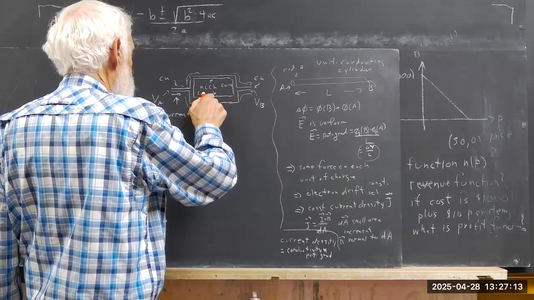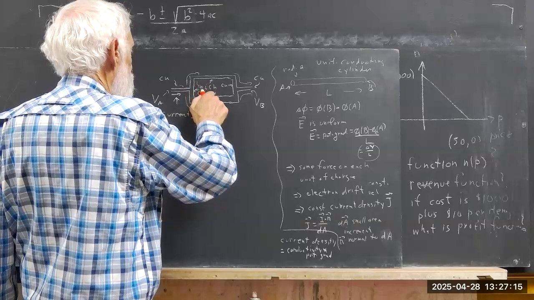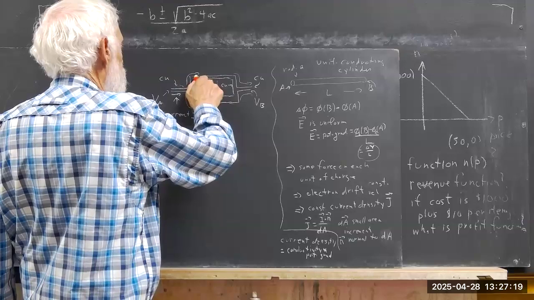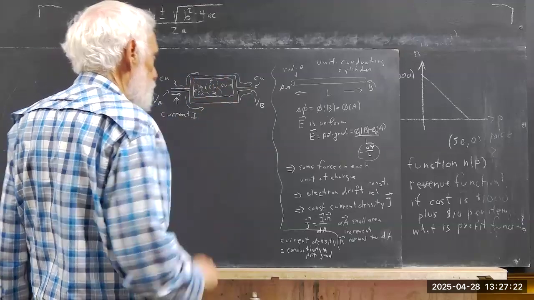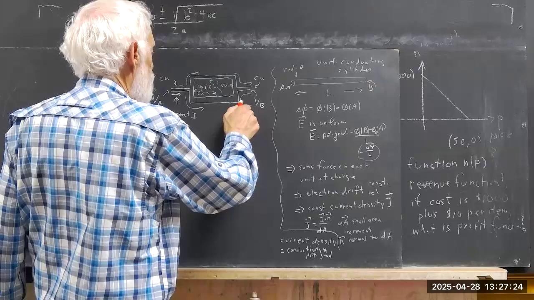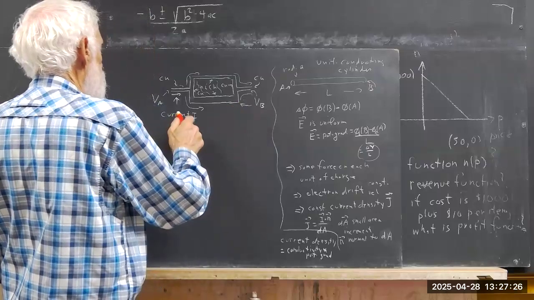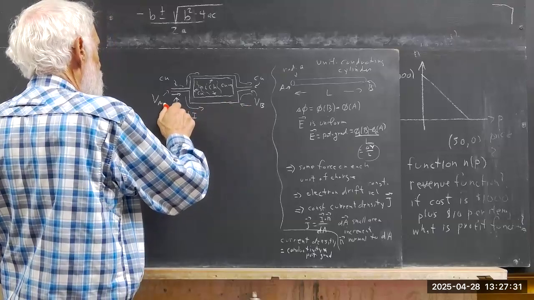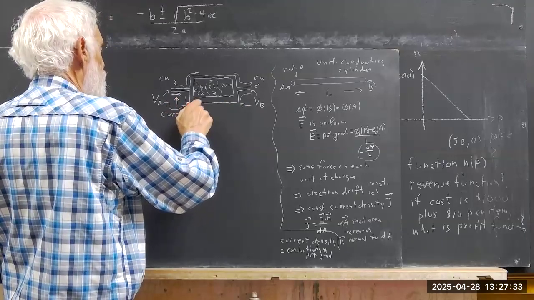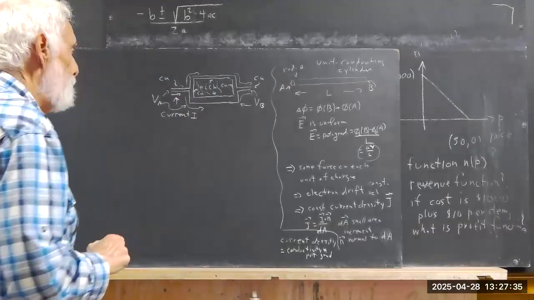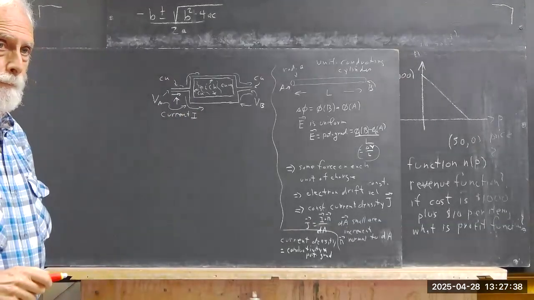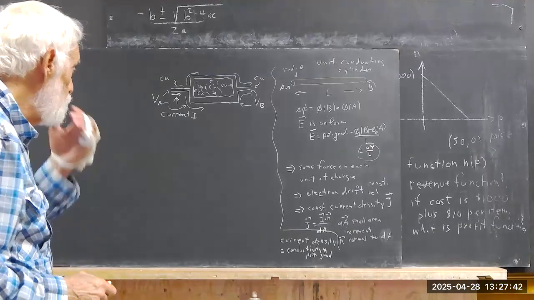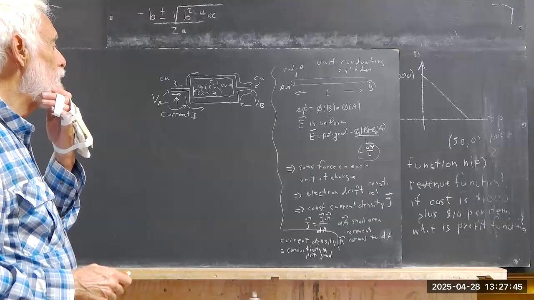Let's be explicit. Got copper here, copper here. Nichrome from here to here, nichrome from here to here. The voltage VB here and voltage VA here. Make sense? Okay.